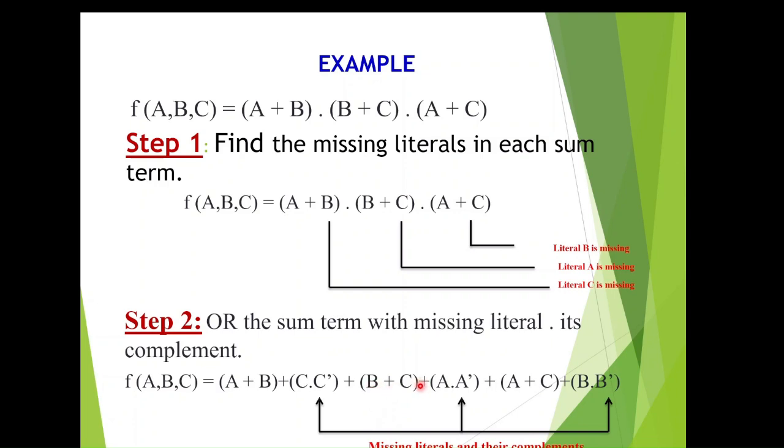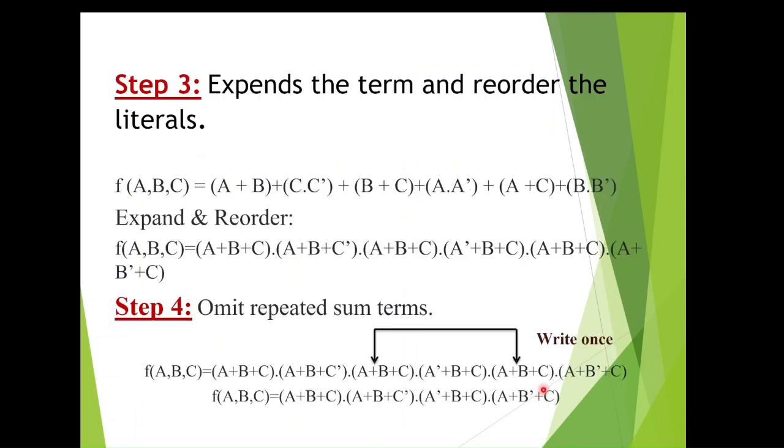Similarly, b plus c, a is missing. So multiply a and a dash and that you add here. So similarly, b dot b dash we have to add with this term. Then expand. Here, by using the distributive law, a plus b plus c dot c dash is a plus b plus c, this term, then a plus b plus c dash.